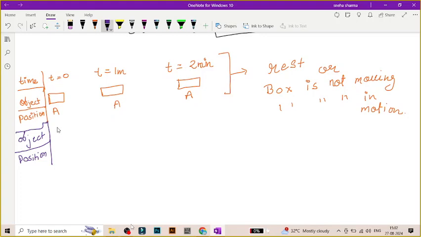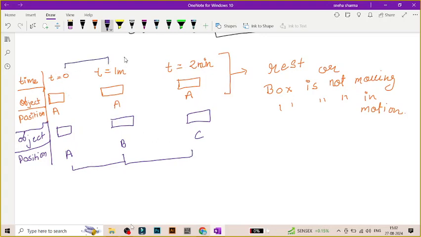At time t equals 0, this box is at position A. At time t equals 1 minute, this box is at position B. This position B can be anywhere. And at time t equals 2 minutes, this box is at position C. That means the box is changing its position with respect to time. Then it is said to be in motion.